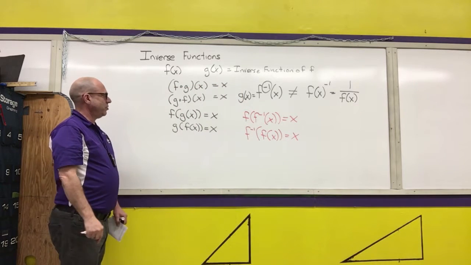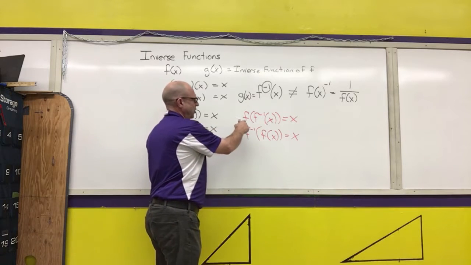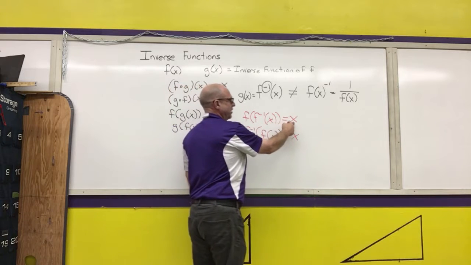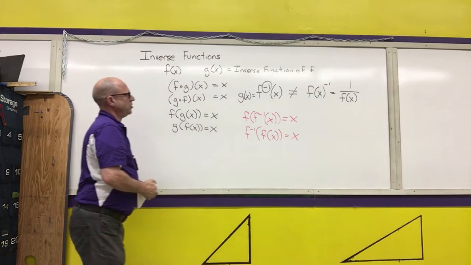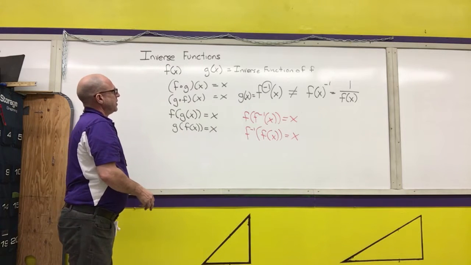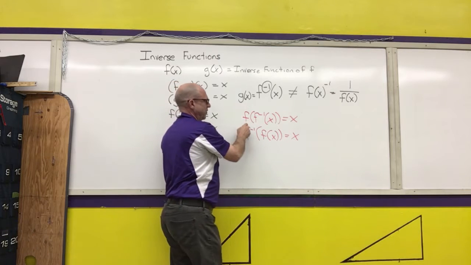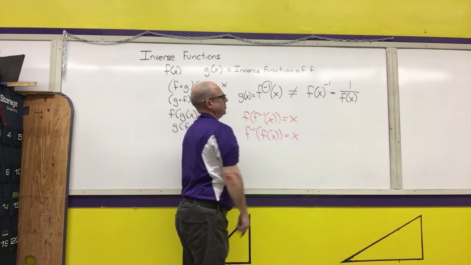And in Algebra 2, we informally said that if a function and its inverse perform consecutively, they cancel each other out to give us back our original function. So this is the formal definition, and the informal definition is a function and its inverse perform consecutively, cancel each other out.